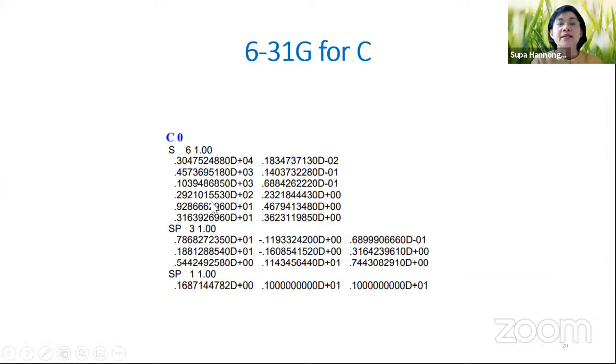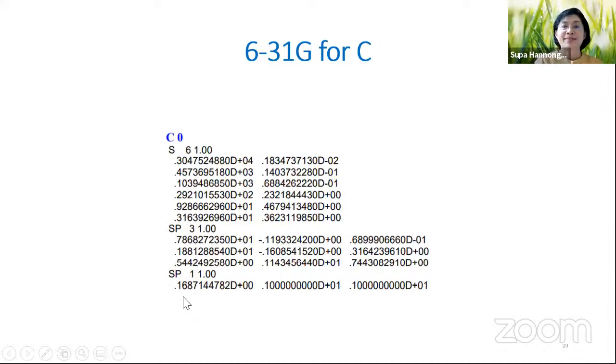This is the R term in the primitive function, and here is the 2s and 2p. You can have 2s and 2p, 2 basis functions to represent 1 orbital.